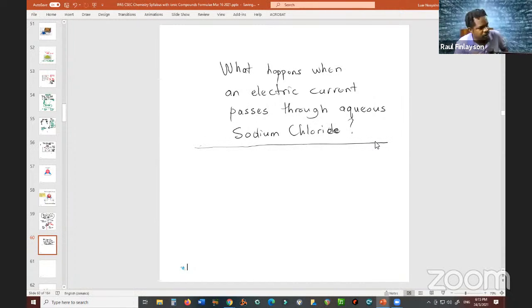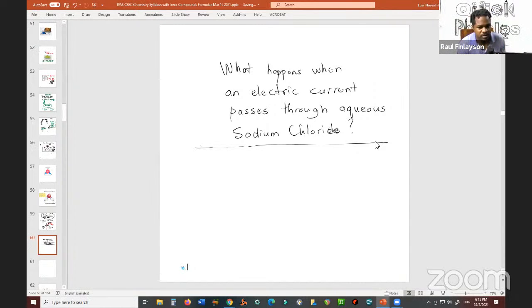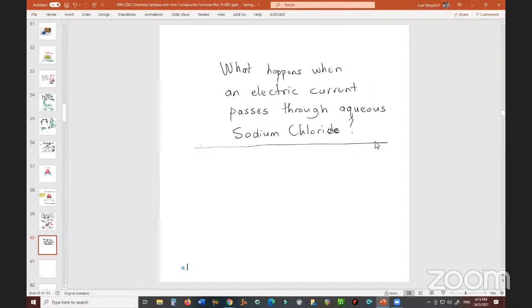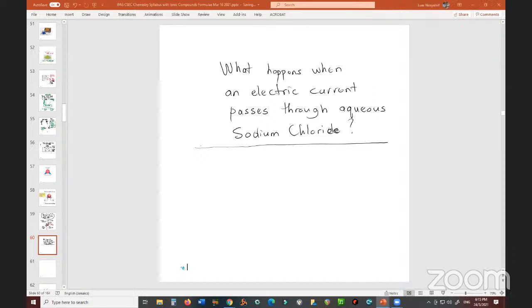So, you are predicting that this will separate into what? Chloride? Chloride ions. Okay, that's interesting. Anybody else? Anybody believe or agree with him? Will a chloride ion be formed? Chlorine. Maybe I should say chlorine, sir.